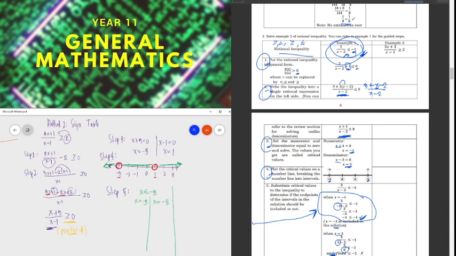This one is A, B is in the center, and C is going to the right side. So B, we have x is greater than -3 but less than 1, it cannot go beyond 1.